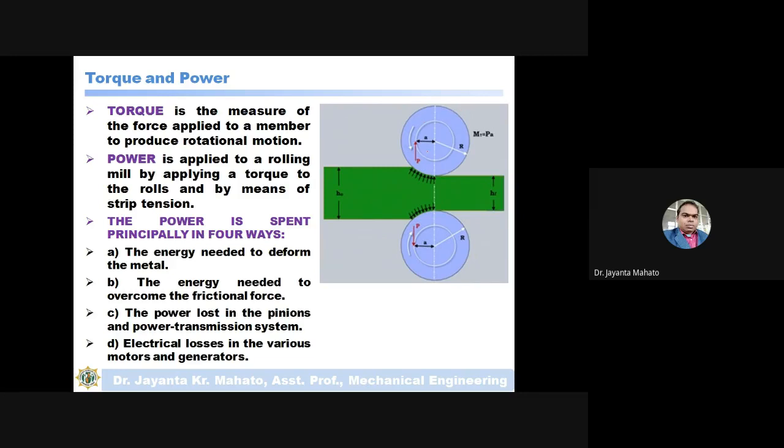The torque will be the applied force P multiplied by the length. If you apply a torque, it will be this applied force multiplied by this length.